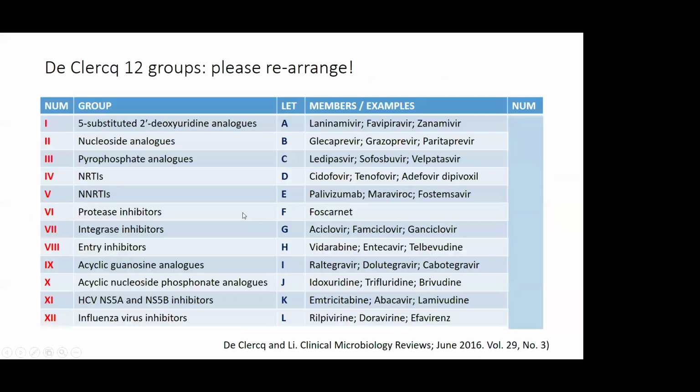antivirals. And this chap, his name was de Clercq, divided them into 12 groups. But it's not completely logical, because you could see that here they are mentioning NRTIs, protease inhibitors, and then they say influenza virus inhibitors.